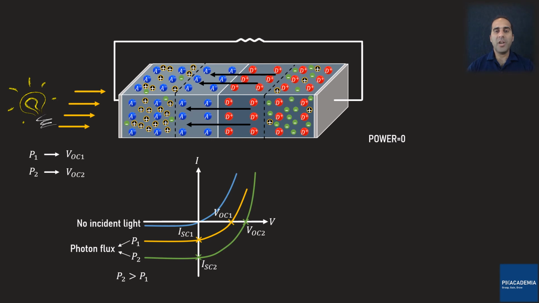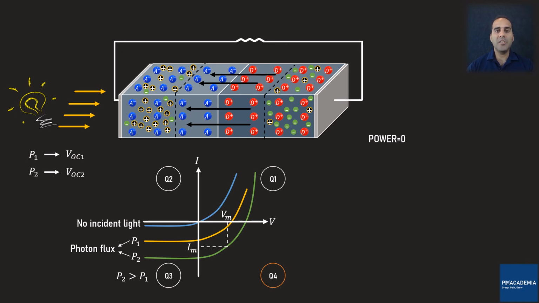If I divide this IV diagram into four quarters, to get some electrical power from this device, the device needs to operate in the fourth quarter. If I consider the device is receiving the photon flux P2, I can find a point at which the maximum power can be drawn from the device. The voltage and current associated with this point are Vm and Im respectively.